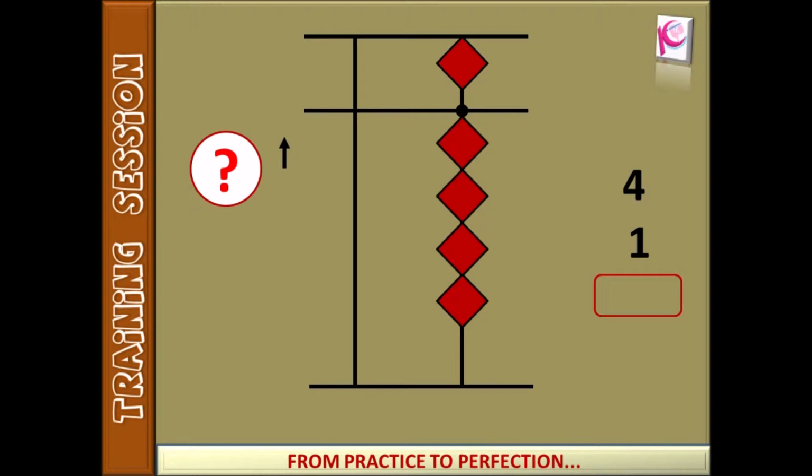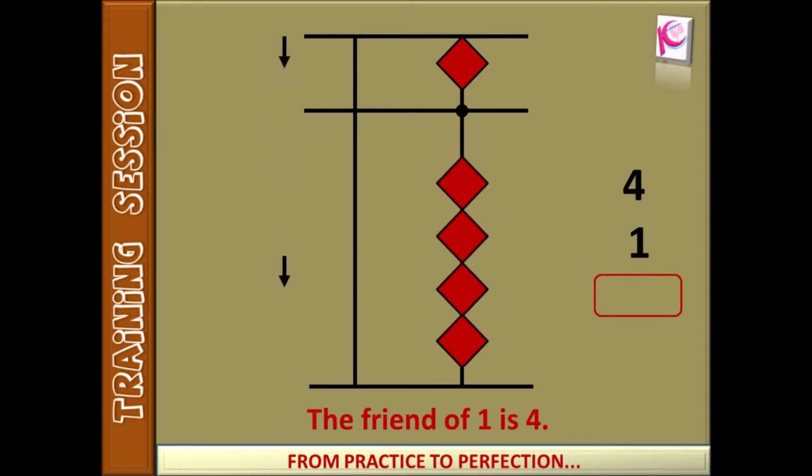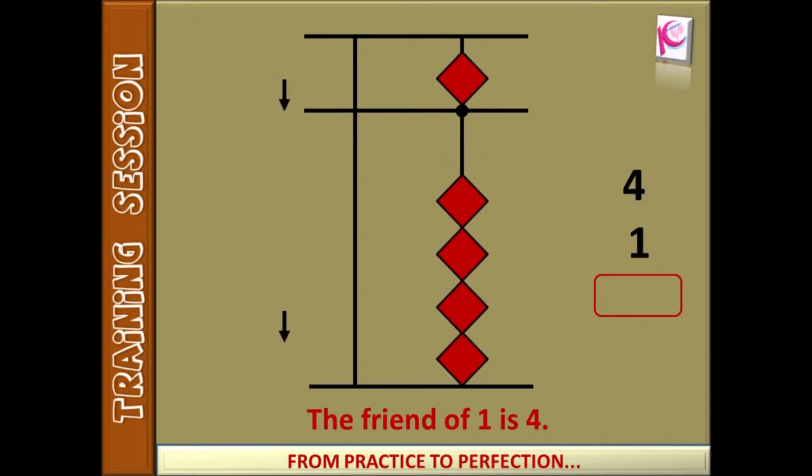The good friend of 1 is 4. Now we bring 4 down, 5 down. Answer is 5.